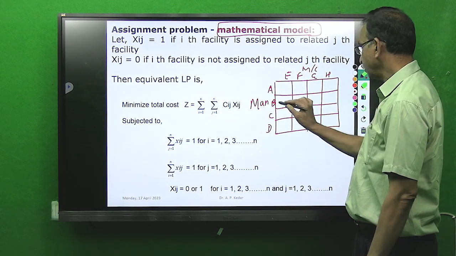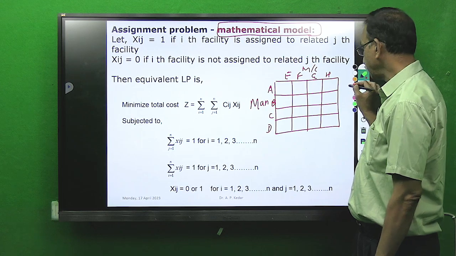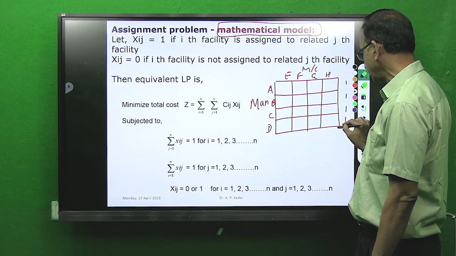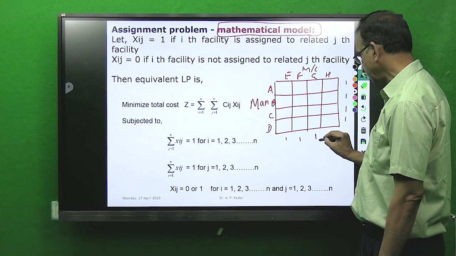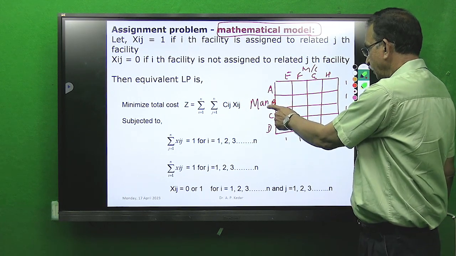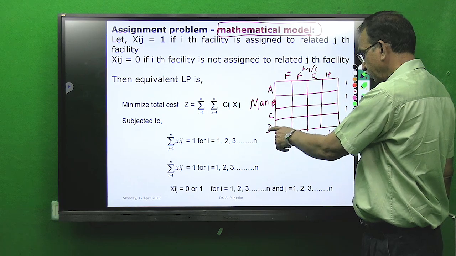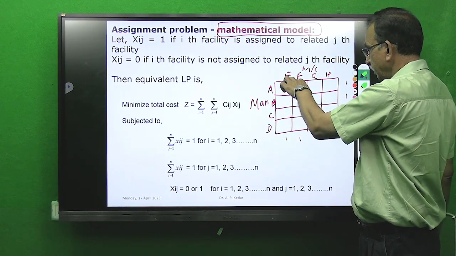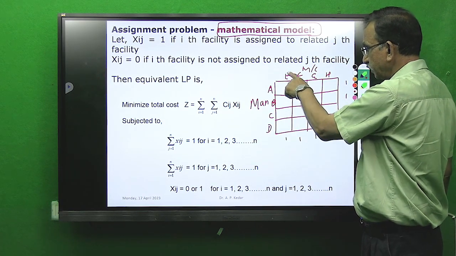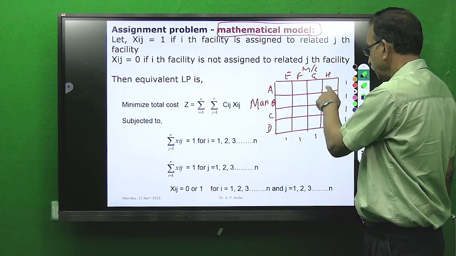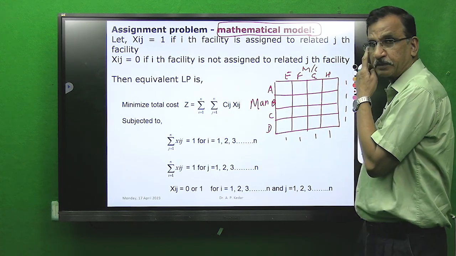Since it is 1, there is one man of category B, one man of name C, one man of name D, one machine named E, one machine named F, one machine H, one machine G, like that.